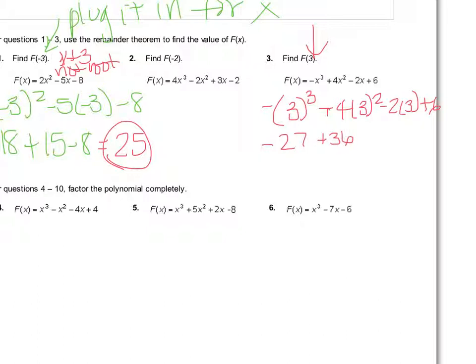Negative 2 times 3 is negative 6. And then plus 6. So if I start doing my math, negative 27 plus 36 minus 6 plus 6 is going to give me positive 9. So that would be my answer. That also tells me that x minus 3 is not a factor. Remember, if I get 0, that means whatever the opposite of this is a factor.